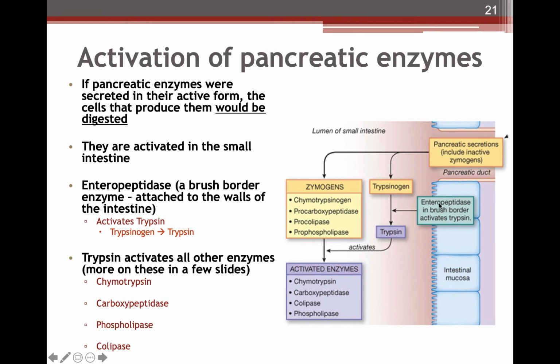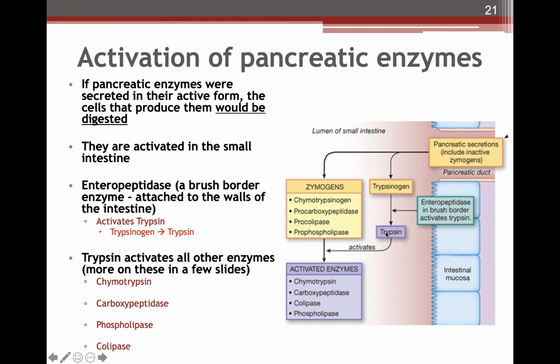enzymes. And one of those brush border enzymes is called enteropeptidase. Enteropeptidase would be mounted on the brush border right here, on the exterior plasma membrane of these small intestine epithelial cells. And so when these pancreatic secretions come in, these brush border enzymes like enteropeptidase will activate trypsinogen into trypsin.